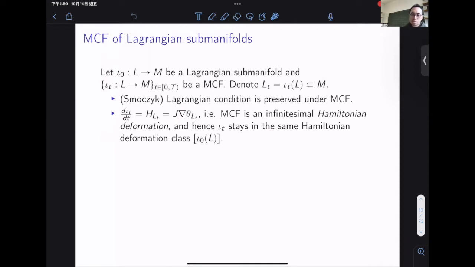And this nice identity shows that the mean curvature flow is an infinitesimal Hamiltonian deformation. And therefore, the solution stays in the same Hamiltonian deformation class as the initial data.